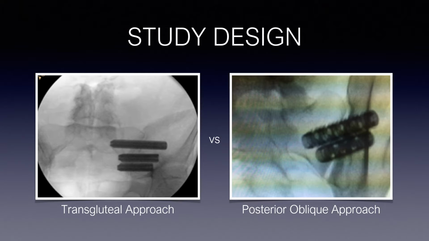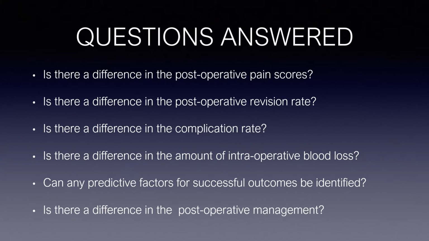Our study design is we are trying to compare transgluteal approach with posterior oblique approach. And we try to answer those questions. We want to see: is there a difference in the post-operative pain score?